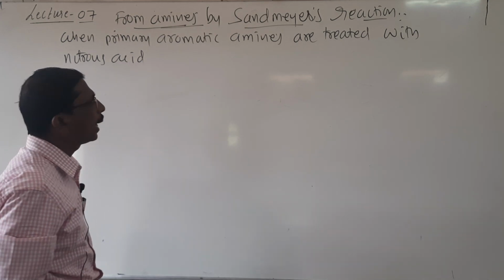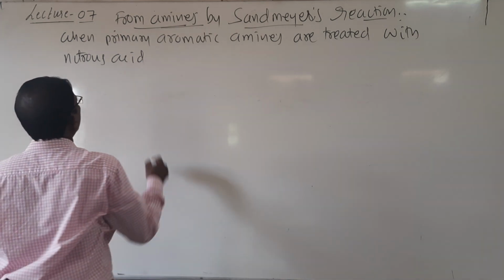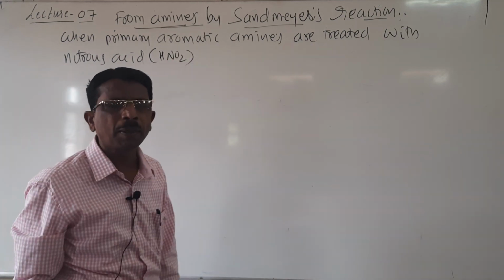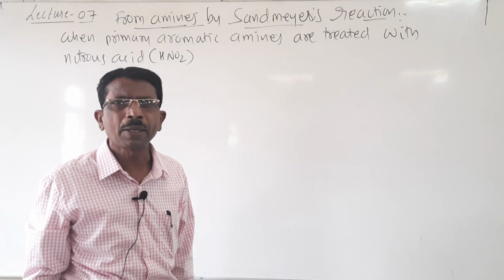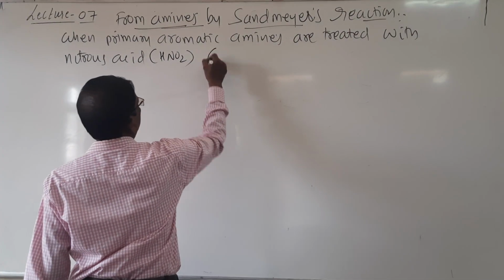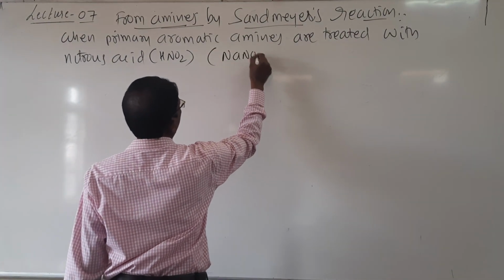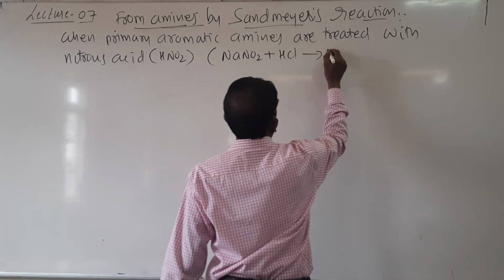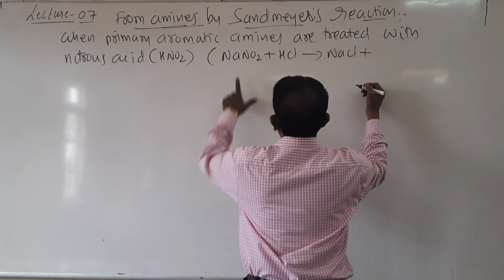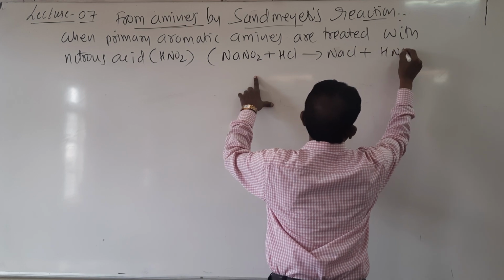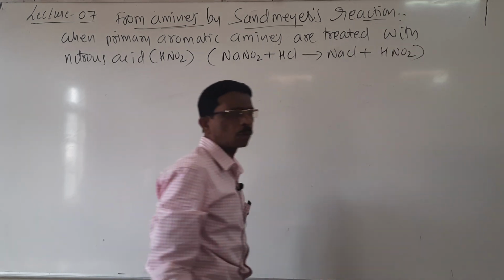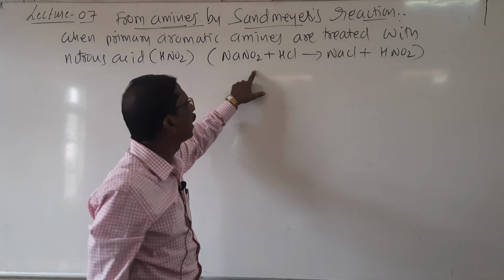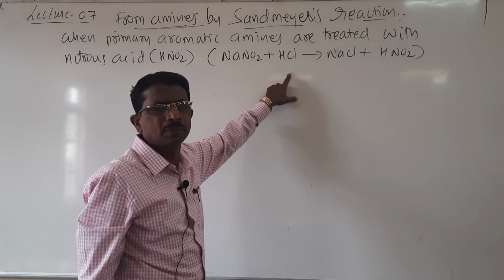Nitrous acid HNO2 is obtained by treating NaNO2, sodium nitrite, with HCl. So NaNO2 plus HCl gives NaCl plus HNO2. Look here students, this nitrous acid is obtained by treating sodium nitrite with HCl.